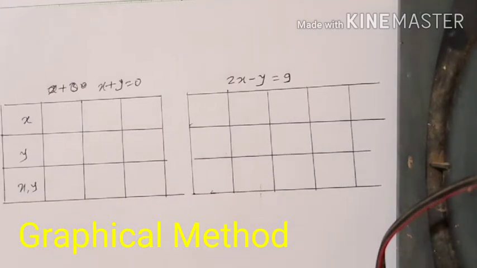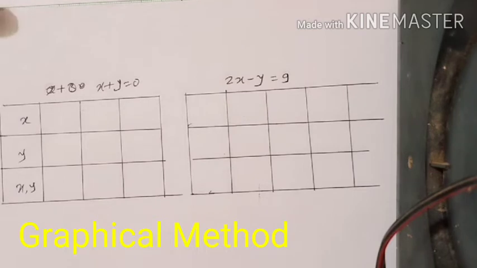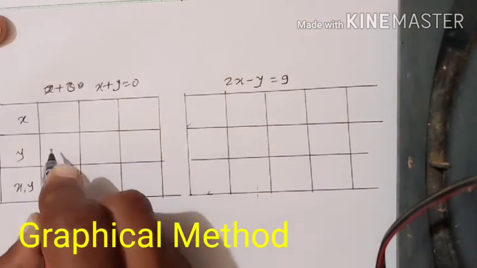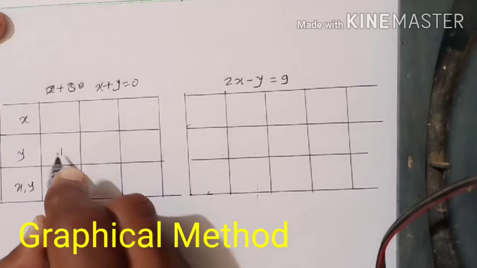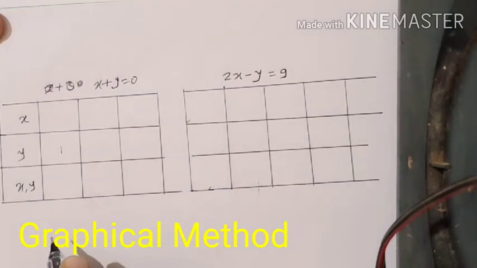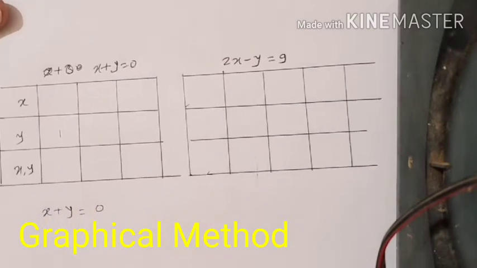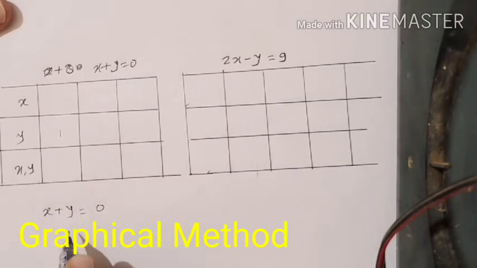(x, y) is the coordinate of that point. Suppose I will put the value of y as 1. Therefore, what will be the value of x? Then write the equation x plus y is equal to 0. We have to find the value of x, therefore put the value of y in this equation.